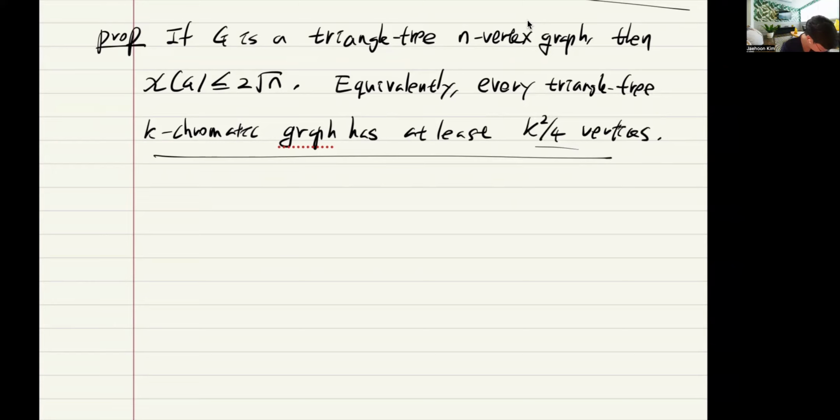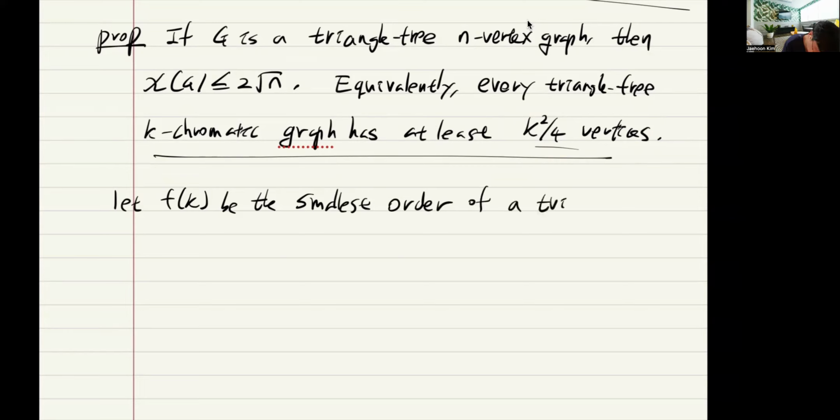So we let f of k be the smallest order of a triangle-free graph with chromatic number k.